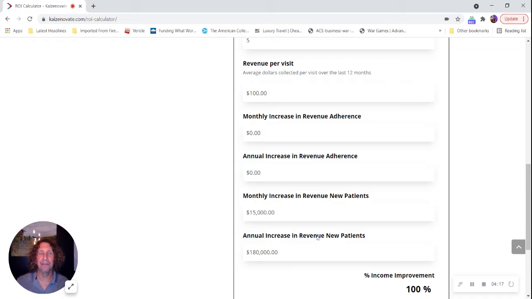So depending on whether your practice is really good at adherence or really poor at adherence, or your practice is really good at driving more new patients or not good at driving new patients, or you need improvements in both categories, this return on investment calculator gives you the opportunity to see where you can actually drive greater revenue for your practice.